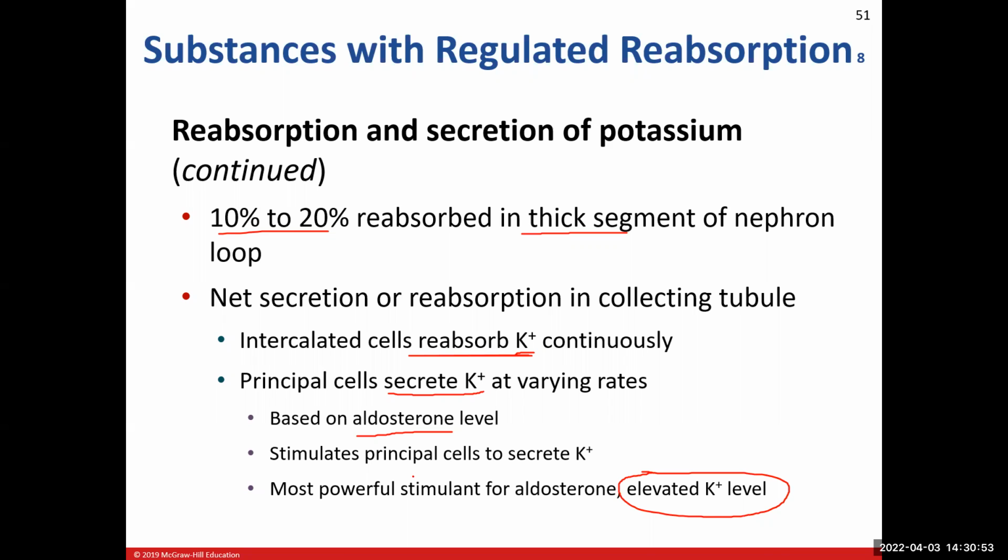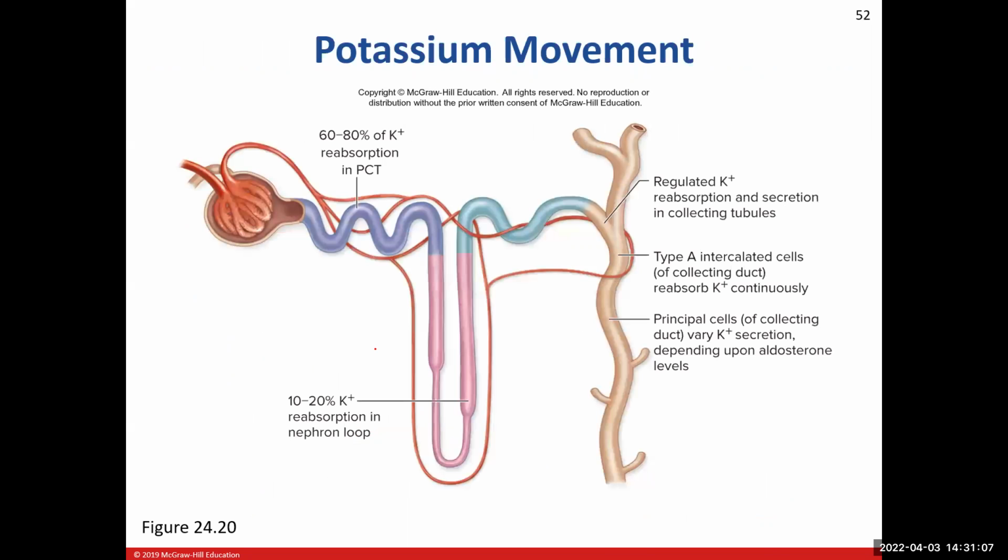We're going to talk about this in a moment. But the cells that are going to be secreting potassium here are our principal cells. The cells that are going to be resorbing potassium are the intercalated cells.